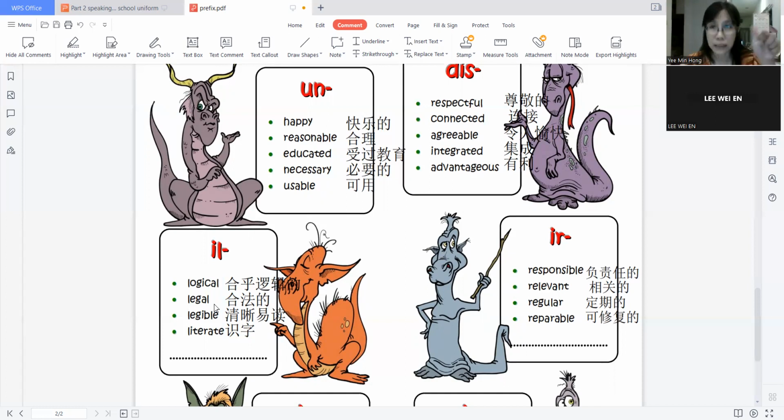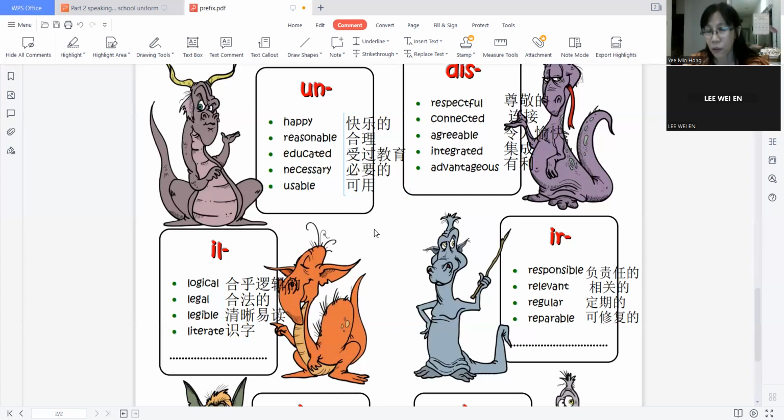Legible means clear and easy to read, meaning your handwriting is legible. But if you are commented that your handwriting is illegible, it means it can't be read clearly, either too messy or too small. Literate means educated, able to read and write. If I say this group of people is illiterate, this group is uneducated.